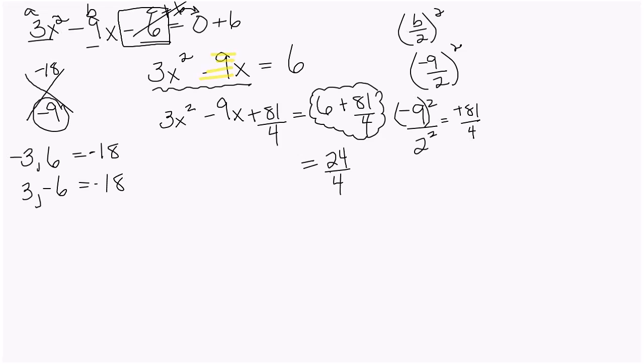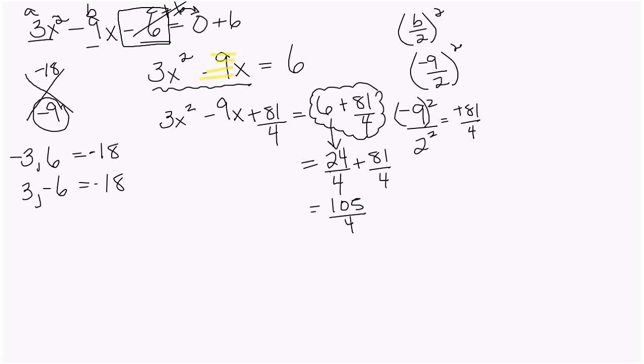So that's all I've done here. And then I'm going to add 81 over 4. So I'm just simplifying the right side. It gets a little bit messy, but it's workable. That's going to give me 105 all over 4.